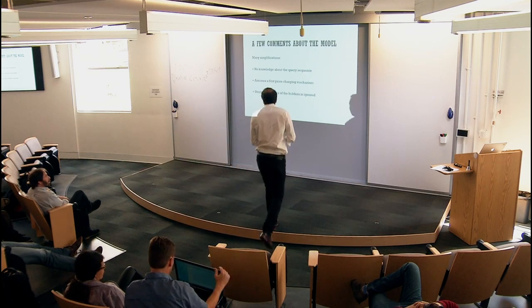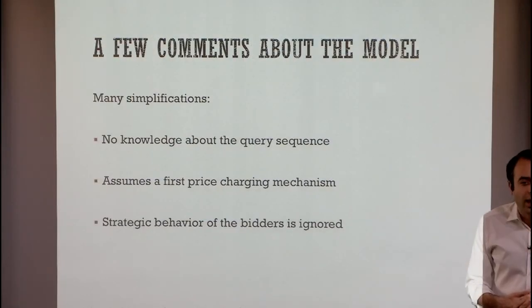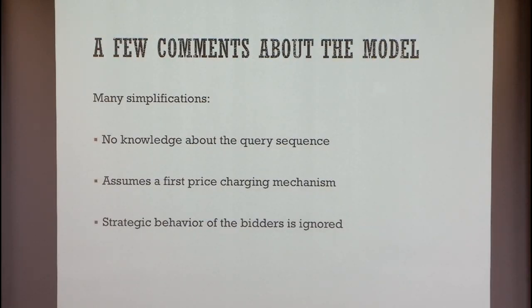Now, the trouble here is that most of the advertisers actually have fixed budgets, and they don't respond very quickly to changes in the environment. All right, so that's the starting point.